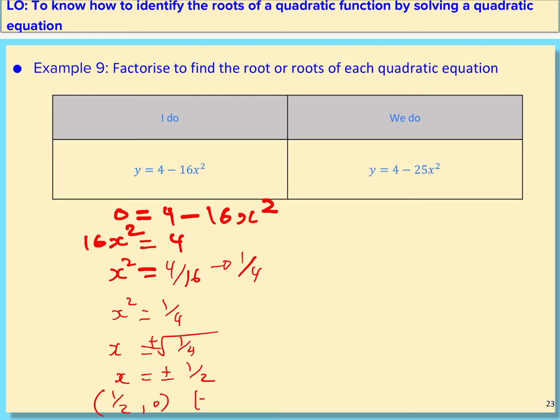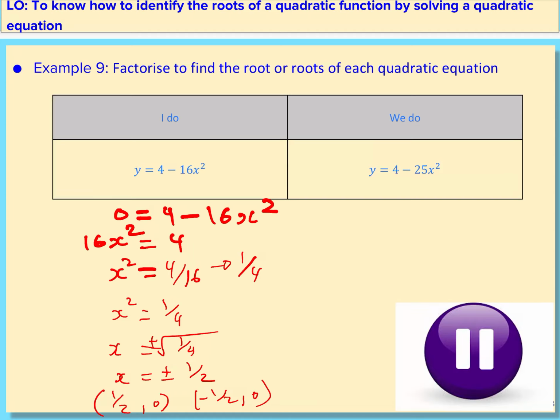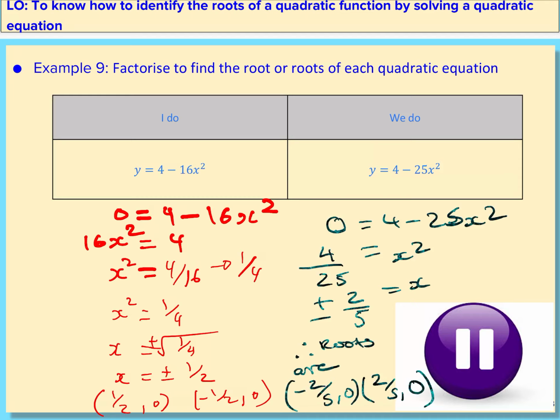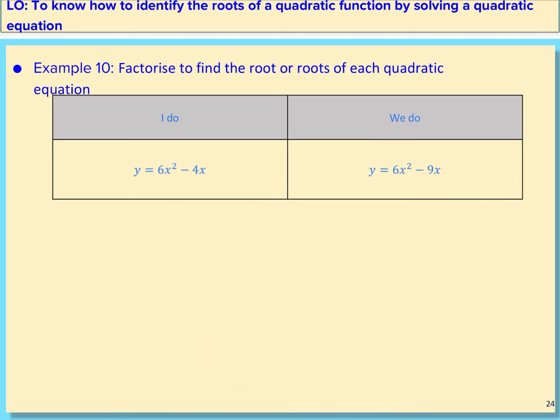So x squared equals 1 over 4, and to make x the subject we square root it. So x equals plus or minus a half. That means it has two roots. One of the roots is a half, 0 and the other is negative a half, 0.